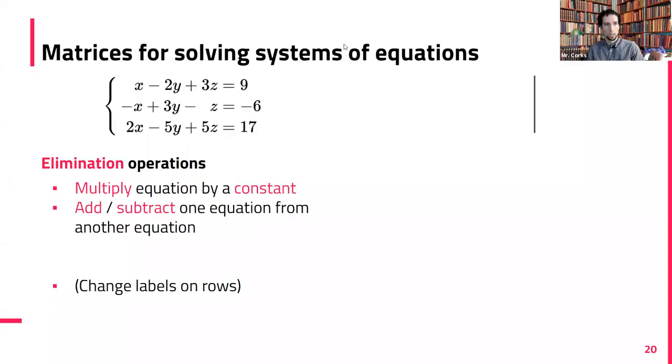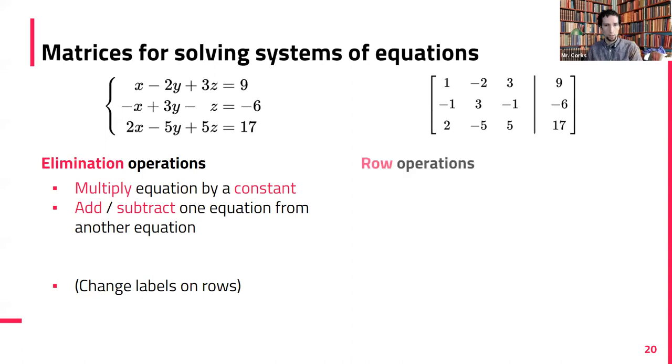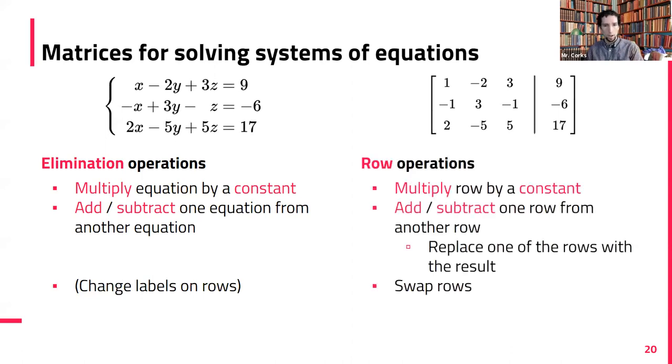Let's just do a quick little recap here. So operations on the left, we can multiply by a constant. We can do the same thing with rows of a matrix. We can add or subtract one equation to another equation, add and subtract one row to another row. We just be careful about which row we are replacing.